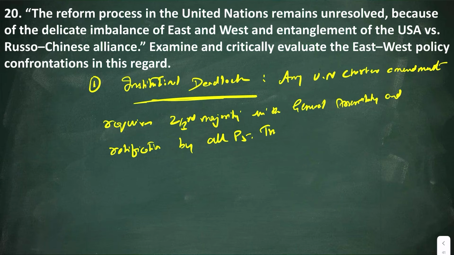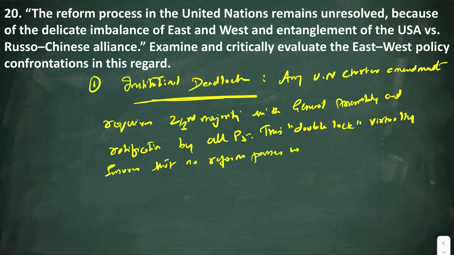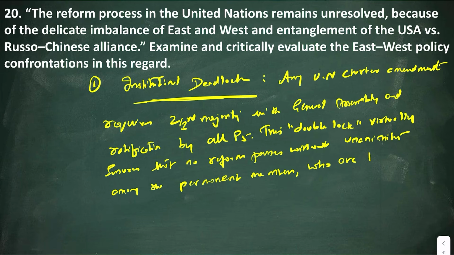This double lock virtually ensures that no reform passes without unanimity among the permanent members who are least interested to dilute their privileges. Okay, so look at this. This is a structural problem, institutional deadlock.